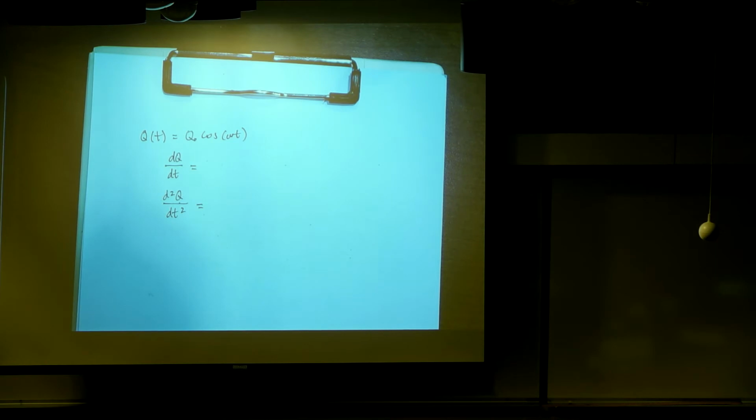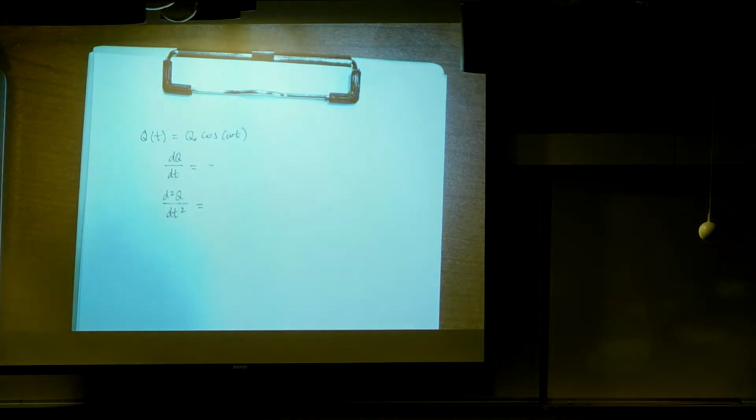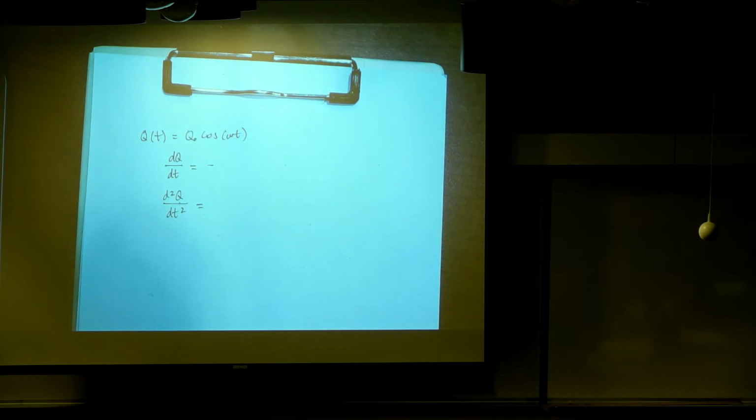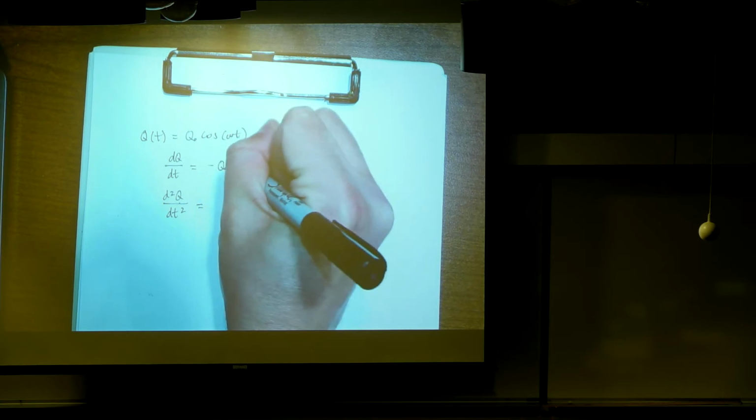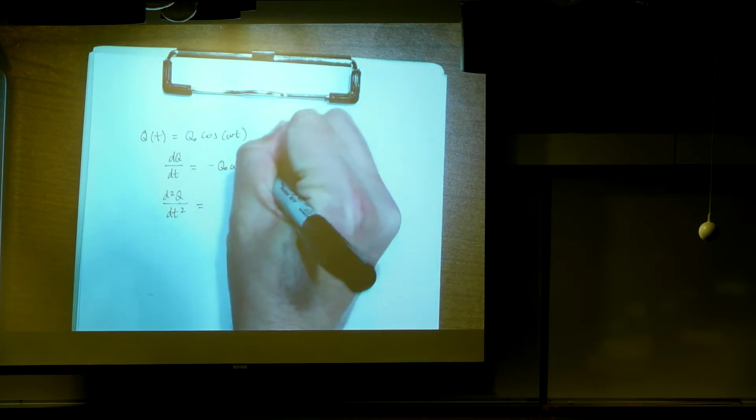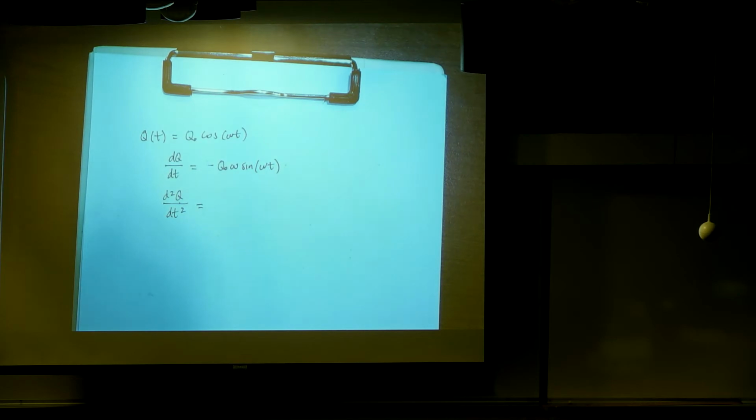All right, so if you have cosine omega t, what is the derivative of that with respect to time? It's going to be negative sine. And then what else happens? I have an omega in there. What happens to that? Comes out to the front. So minus Q naught omega times sine omega t. Do we agree?